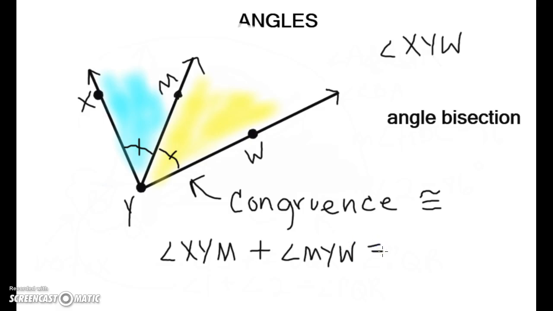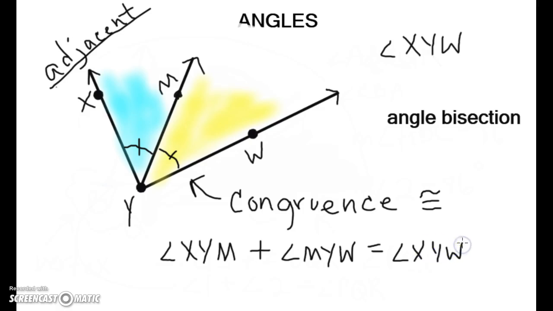If you add those two together side by side, and by the way, there's a word for side by side, it's called adjacent, A-D-J-A-C-E-N-T. Adjacent means side by side. The blue and the yellow angles are side by side, so blue plus the yellow equals the larger angle XYW. And when you look at this picture, that should make sense.